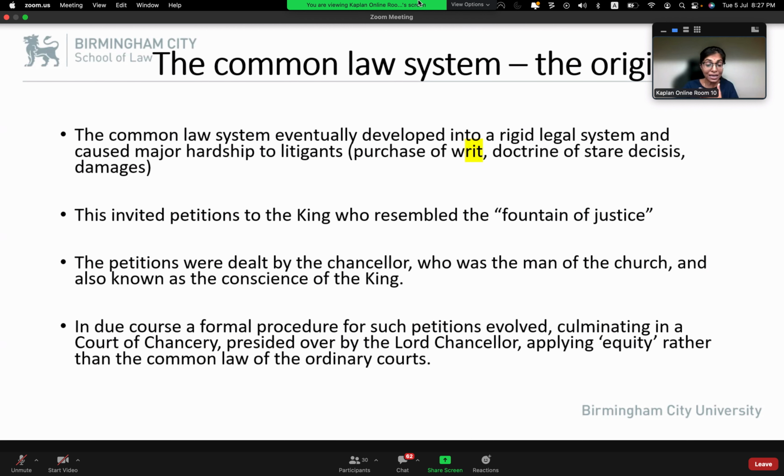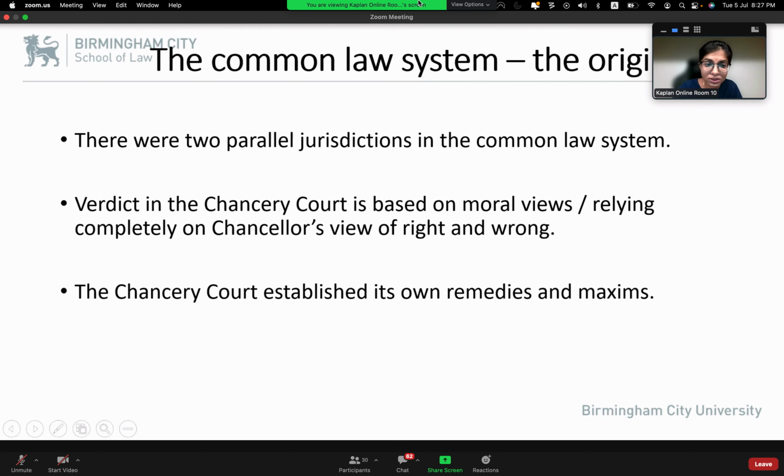And if he has more power, he has the discretion to decide every case on the merit of the case. Whereas the common law judges are stuck with the system, right? So of course they were not very happy about it. Because of these two parallel courts, this created a lot of tension.